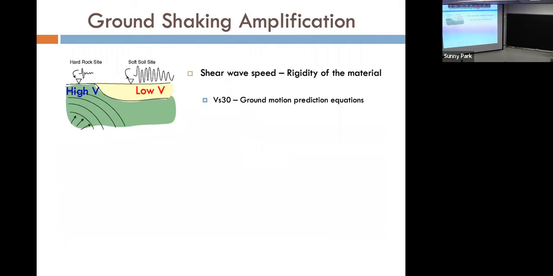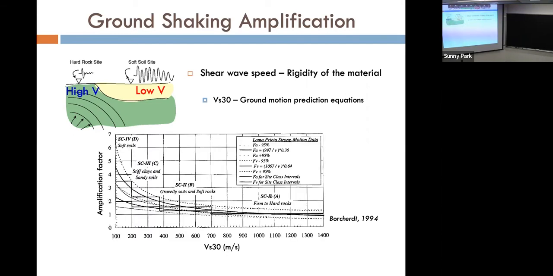A parameter that earthquake engineers like to use is called VS30, which is basically the shear wave velocity of the top 30 meters or so. So we're talking about really shallow structure there. This plot shows the effect of VS30 on ground shaking on the y-axis.